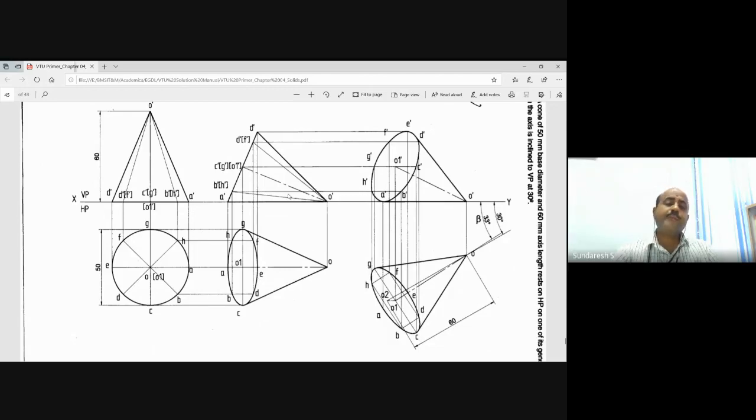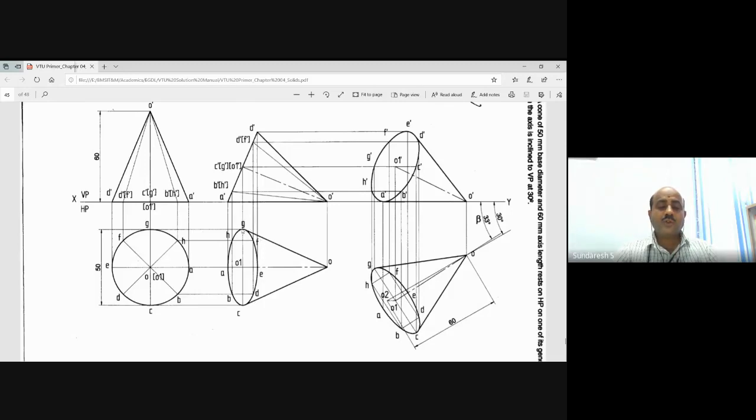Okay, then mark the points first. Mark the points, and then when you are observing from the top, the base is visible in the form of an ellipse, a circle looking like an ellipse.